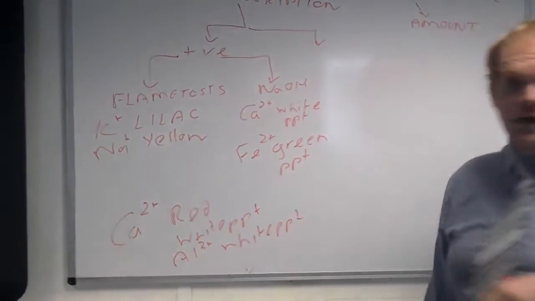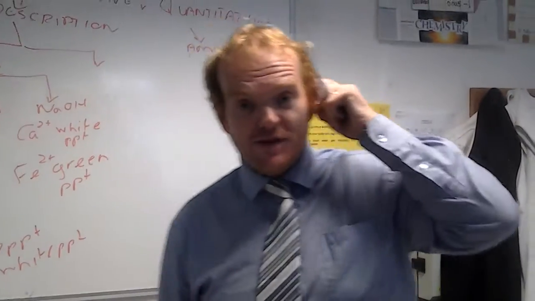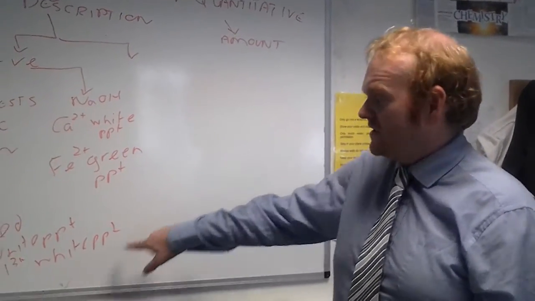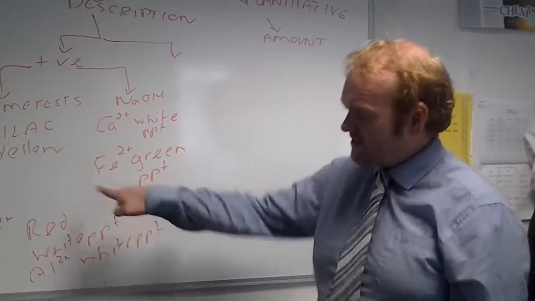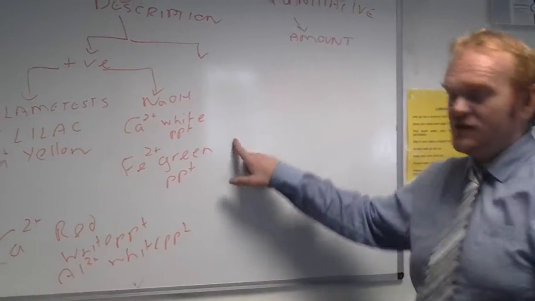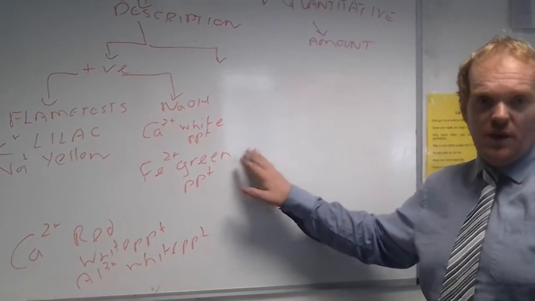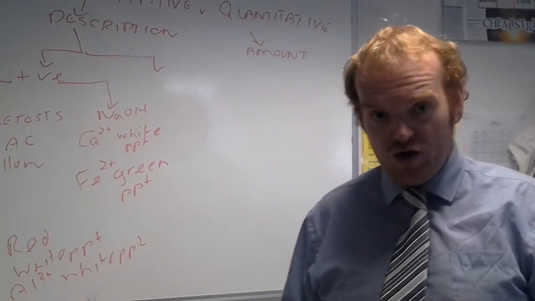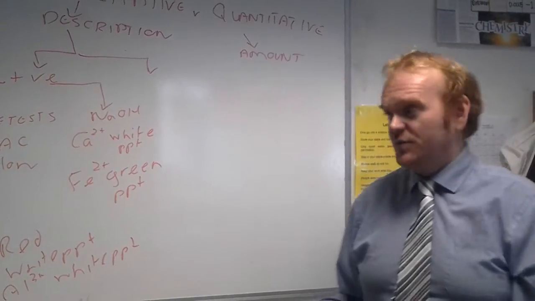Therefore, the white precipitate isn't a test for the calcium ion, because it could also be an aluminium ion. So I would need to do both the precipitate test and the flame test to prove that it was calcium. Fe2+ is the only one that gives a light green precipitate, so if I saw a green precipitate, it definitely would be Fe2+.